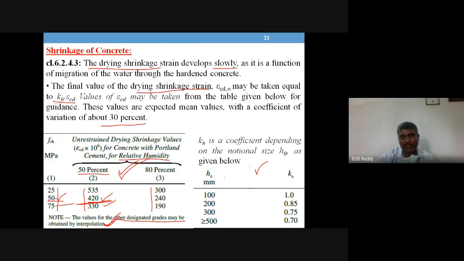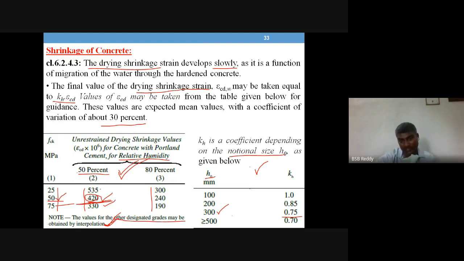So how do you estimate the exposure? By notional size called h naught. So you have to estimate a notional size. There is a formula for this to get h naught. So if your h naught value is 300, it means only 75% of this value must be used, means this value shall be multiplied with 0.75.